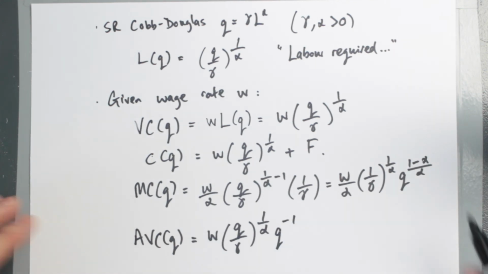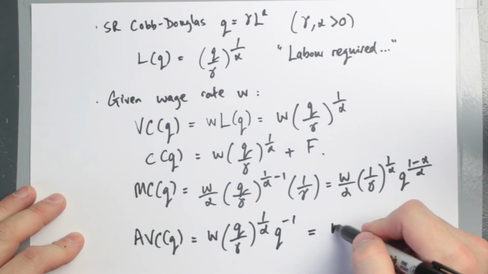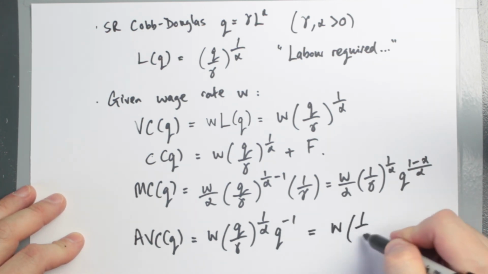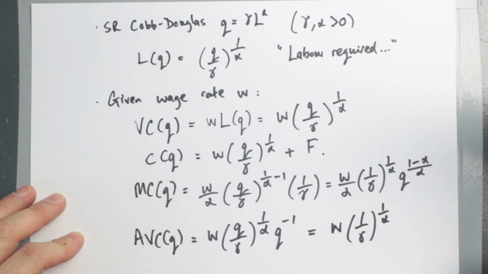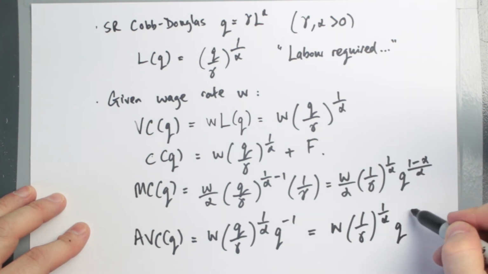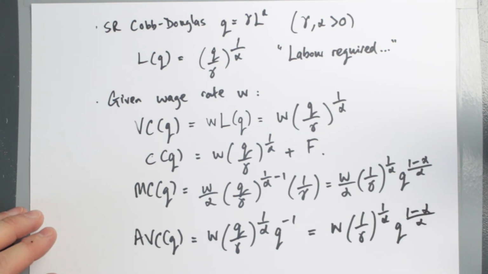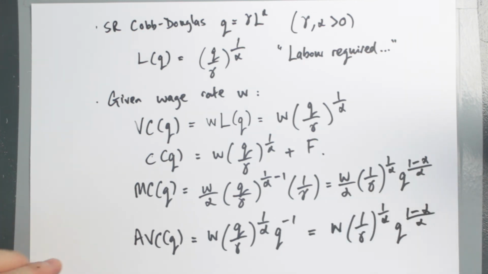Okay, would be another way of writing that. And this would be W times 1 over gamma to the power 1 over alpha, multiplied by Q to the power 1 minus alpha over alpha. Okay, so marginal cost and average variable cost here, the only difference is this 1 divided by alpha term.